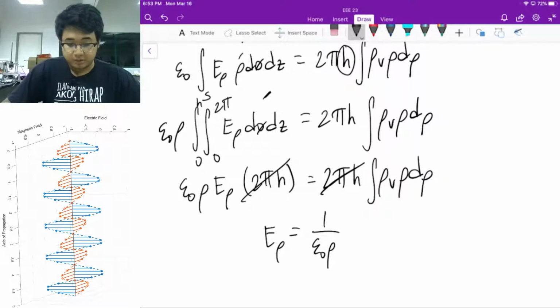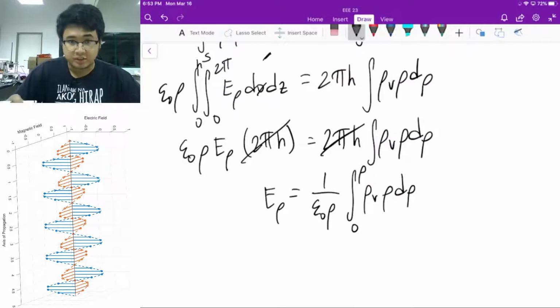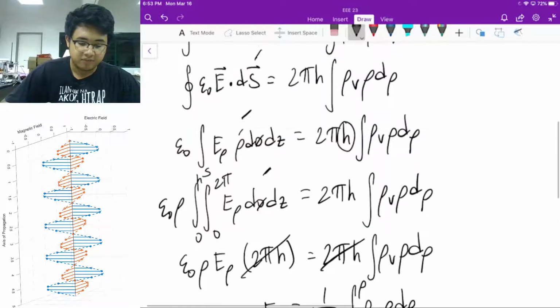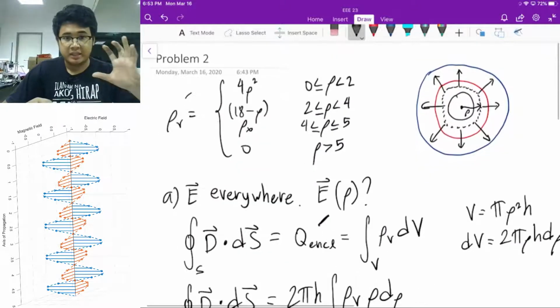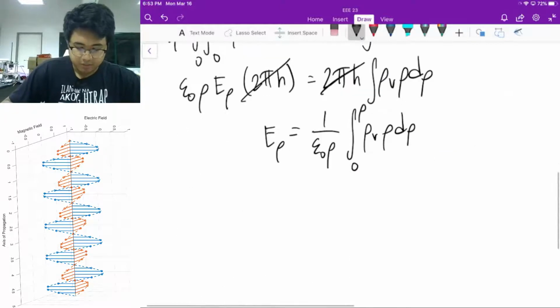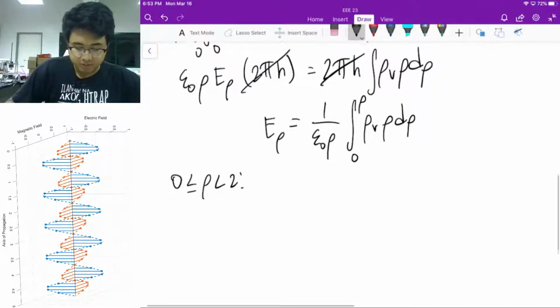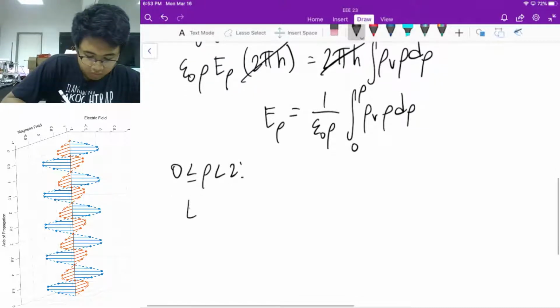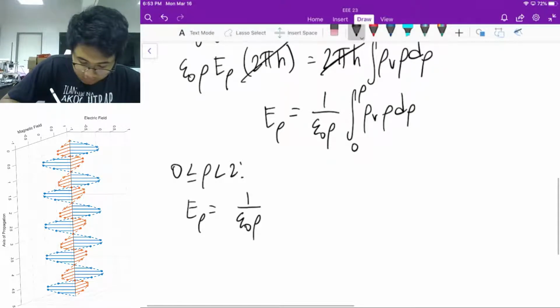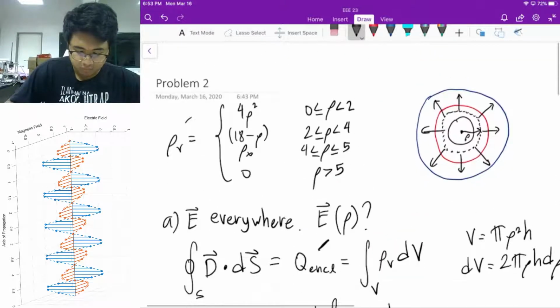Okay. So that splits our integral into 4 different regions, defined by the bounds of your volume charge density. For the region 0 to 2, the rho component would be the integral from 0 to rho of rho v, which is 4 rho squared.